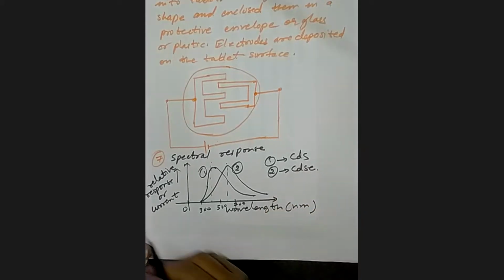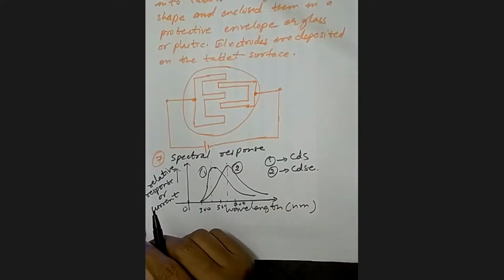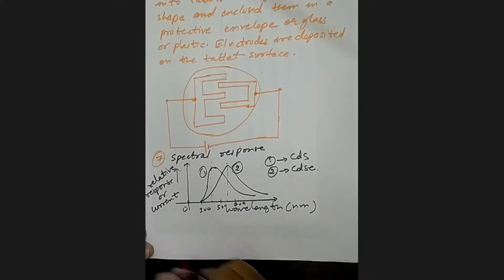So there is no response to the radiation of a wavelength shorter than 300 nanometer. That is, if the light is having the wavelength less than 300 nanometer, this photoconductive cell will not react if the material is cadmium sulfide or cadmium selenide.